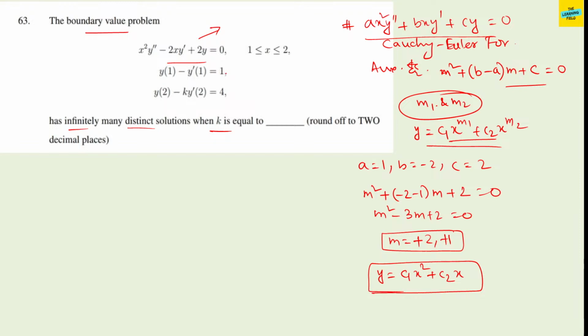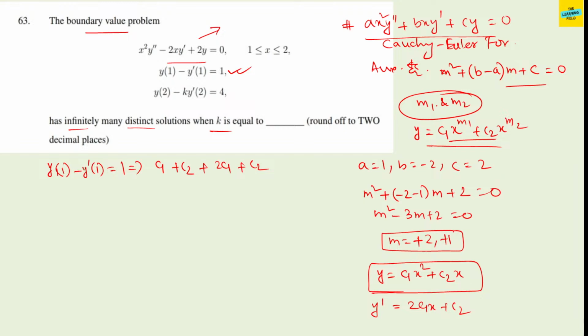Now we also have to find y dash equal to 2c1 x plus c2. Now, y(1) plus y dash(1) is equal to 1. y(1) means y at 1, so c1 plus c2 plus y dash(1), which means 2c1 plus c2.